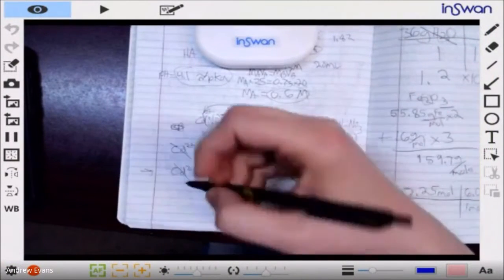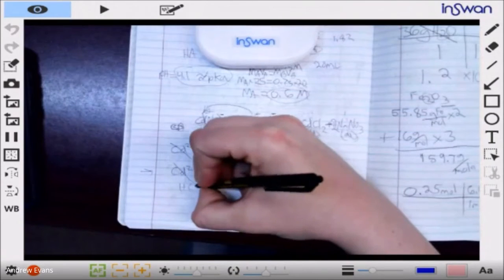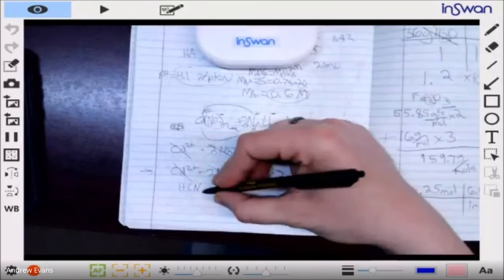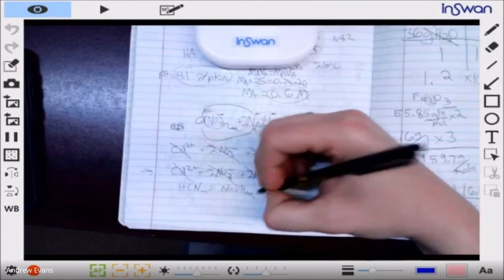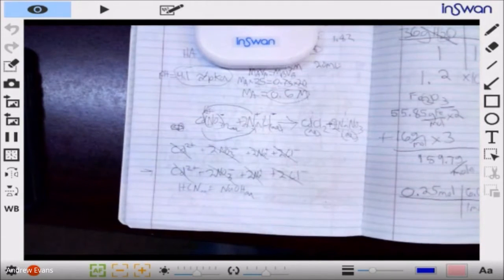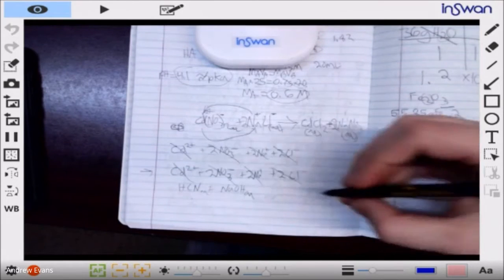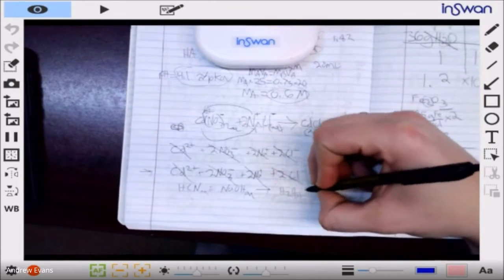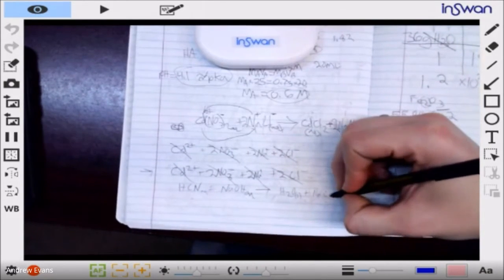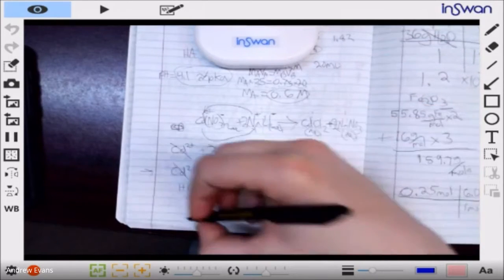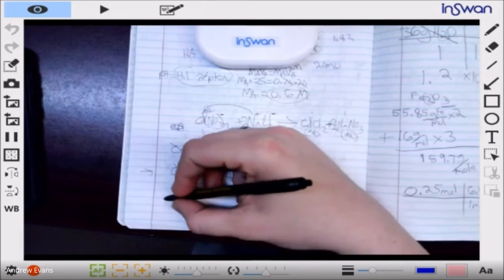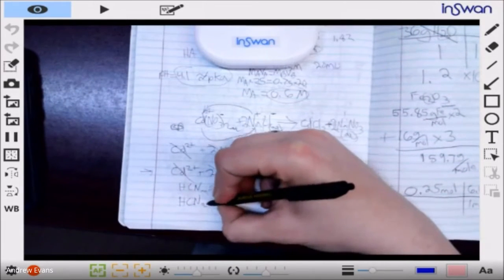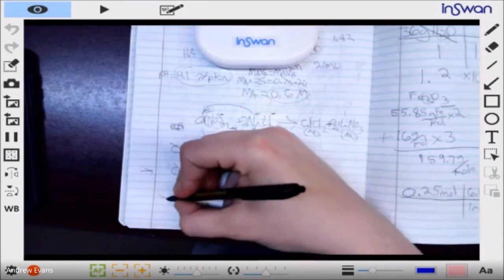The middle step is when I go to the ionic, this largely stays the same because it's a weak acid.